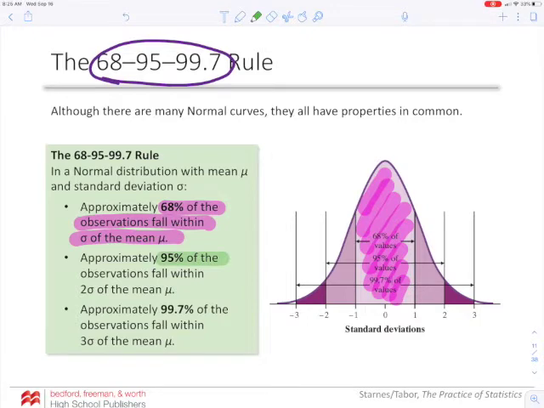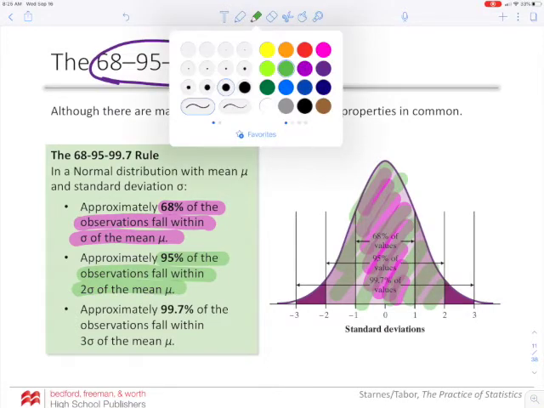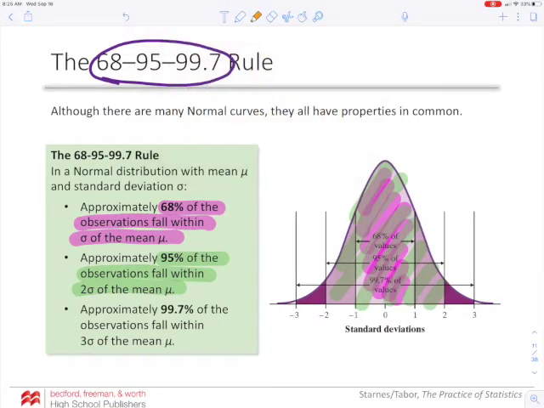Then you found that approximately 95% of the data falls within two standard deviations. Okay. And then last, that approximately 99.7% of the observations fall within three standard deviations. Now again, these are approximations.